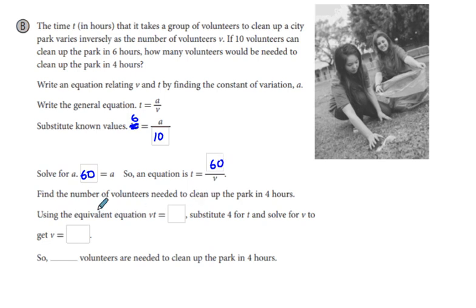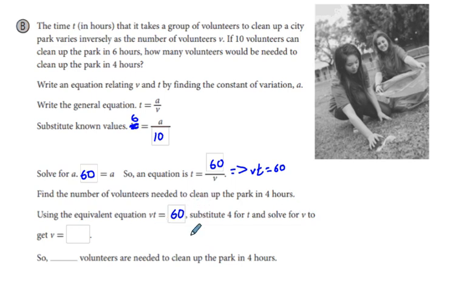And now using the equivalent equation, vt equals, because if we cross multiply the v, we get vt equals 60. Right? So vt equals 60. We substitute 4 for t and solve for v.